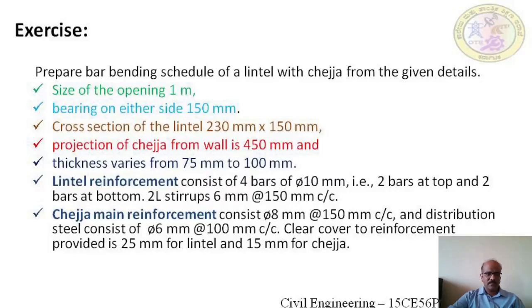The chhajja main reinforcement consists of 8 mm dia at 150 mm center, and the distribution steel consists of 6 mm dia at 100 mm center. The clear cover to the reinforcement provided is 25 mm for the lintel and 15 mm for the chhajja. This is the data given.